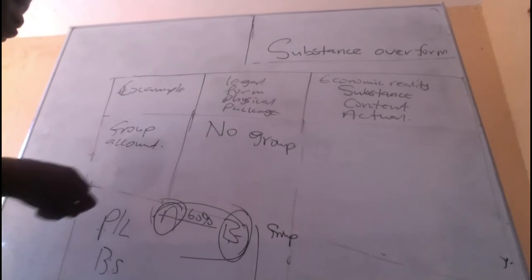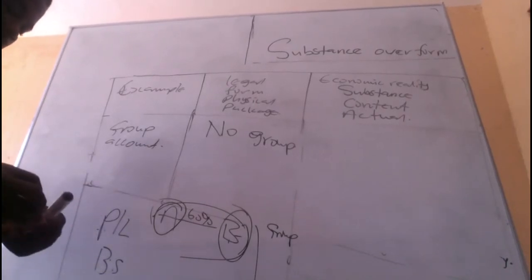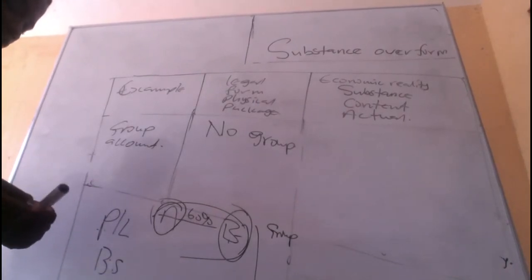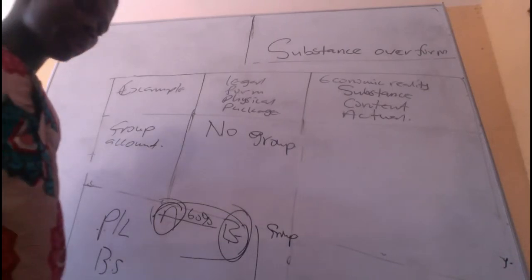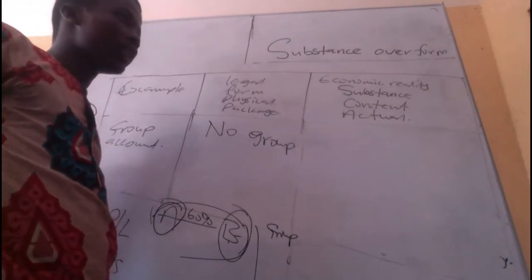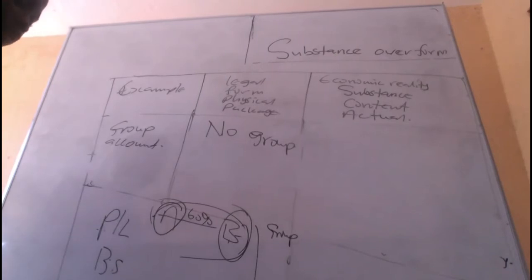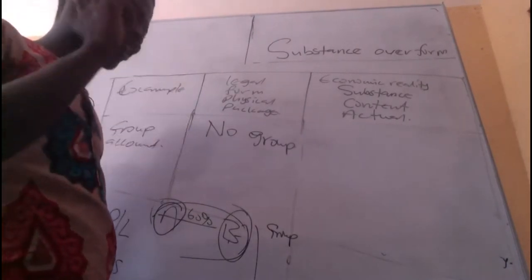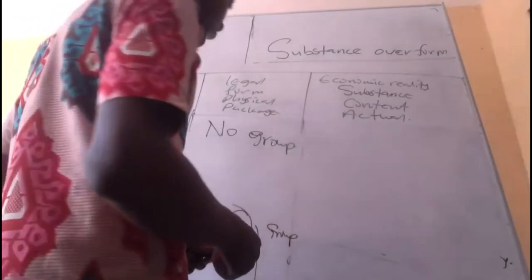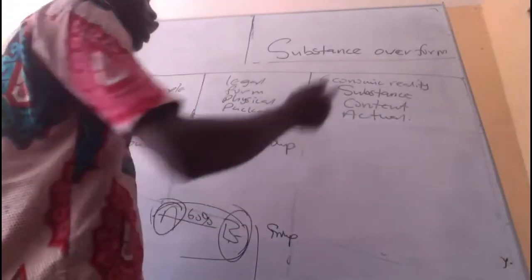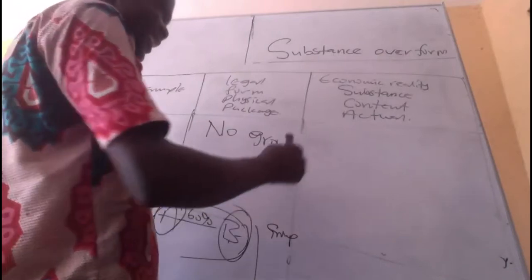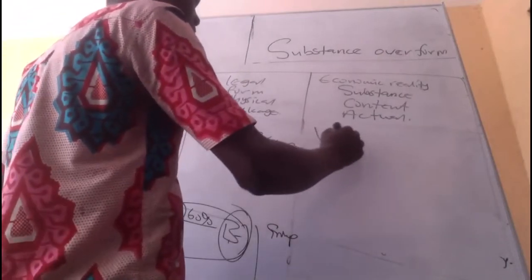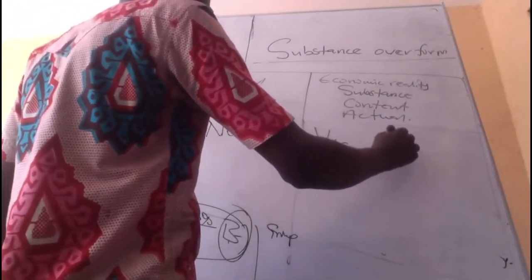When you define a group, it is a combination of companies, that is the parent and subsidiaries, where the accounts are prepared as if they are a single economic unit. The economic reality of a group is that yes, there is a group.